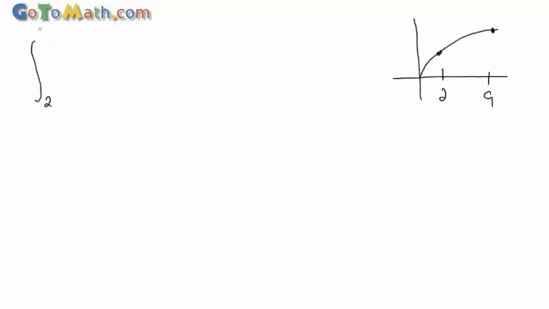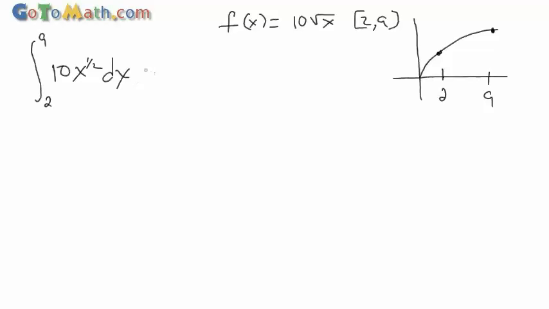we're going to go from 2 to 9, and I'm going to label this up here. Our f of x is equal to 10 times the square root of x, and our interval is 2 to 9. I'm going to write this in exponential form because we have to take the integral.